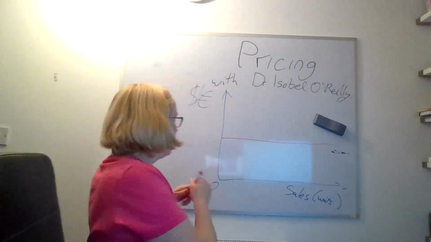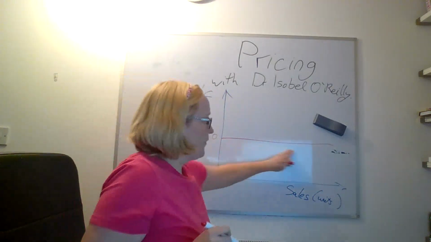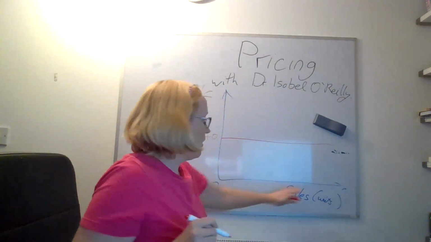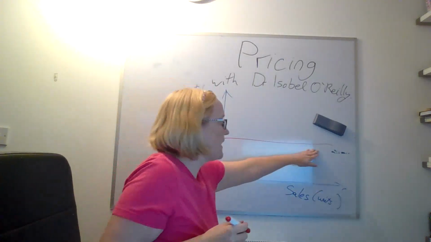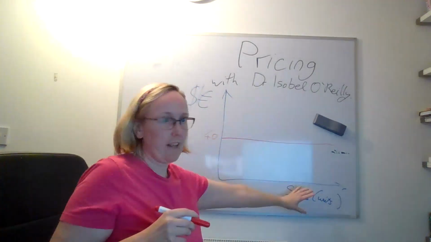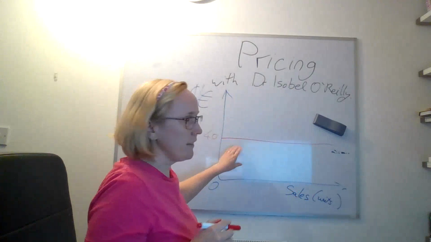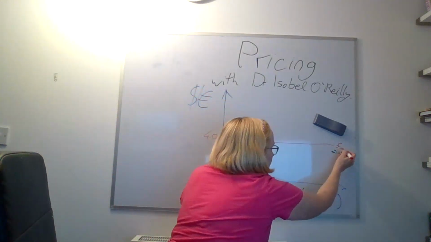So it's a number, let's say 40. We're spending that no matter what we are making or selling. Okay, so we're already locked into paying this, so it doesn't change no matter what we're selling. That's fixed.